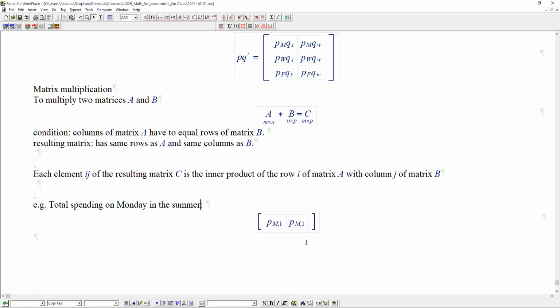Total spending: PM1 times Q1S plus PM2 times Q2S.